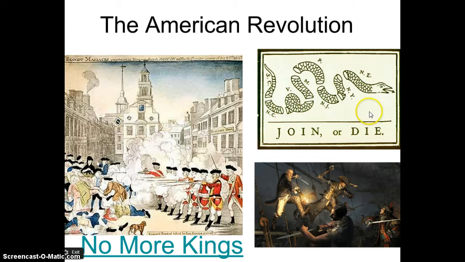Now that becomes very, very important because, as you know, wars take money. And so because of that, the British wanted to increase the taxes of the colonists because they had spent so much money protecting the colonies and keeping the colonies together, and they needed money to pay for the French and Indian War.